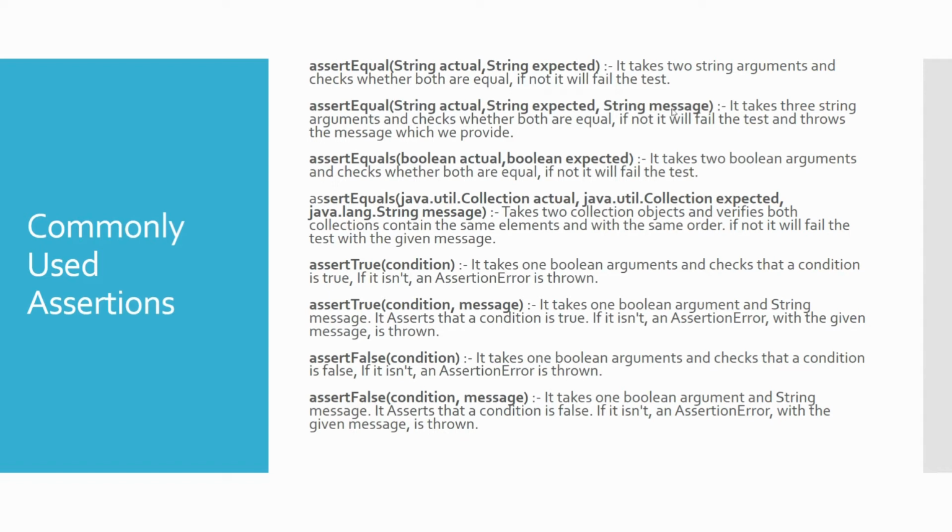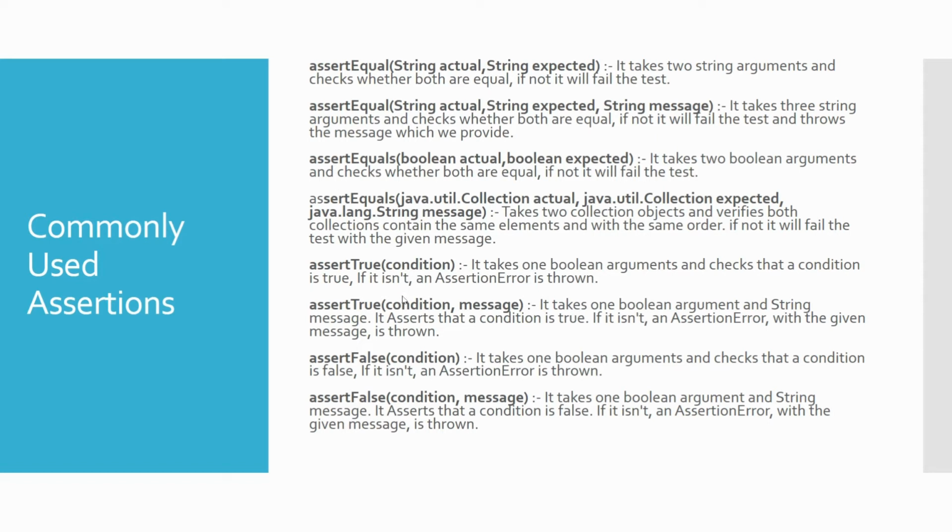Then there is boolean, where the expected boolean value is either true or false, compared with the actual value. Then we can match the actual collection types: two collection objects can be matched, and if the test case fails, we can print the message.